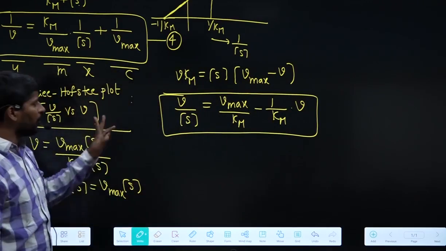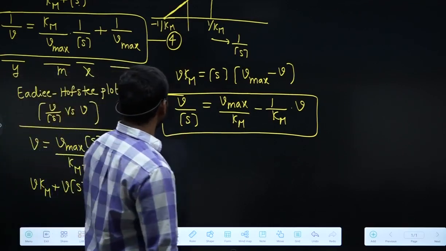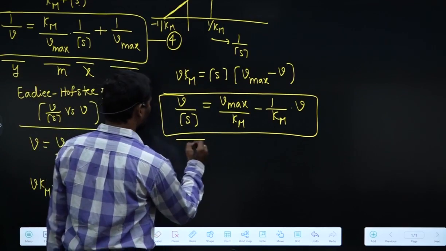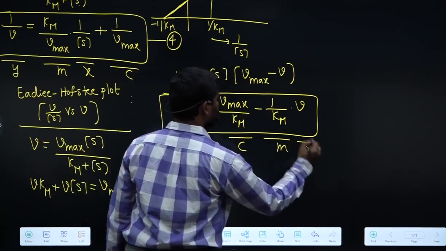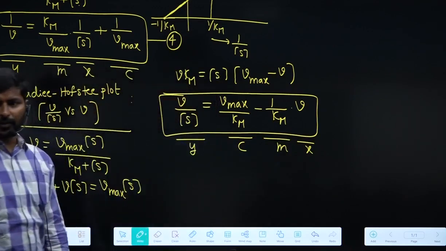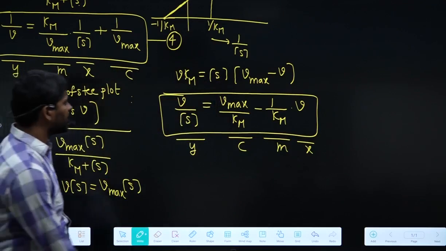Based on this, once a question was given for 4 marks based on this equation. This is in the form of y is equal to C plus mx.